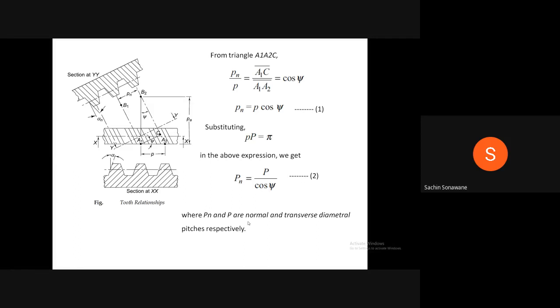Therefore, these are equations 1 and 2. Write down this. I will wait for 2 to 3 minutes. Please write, because we have to use these relations while solving problems.